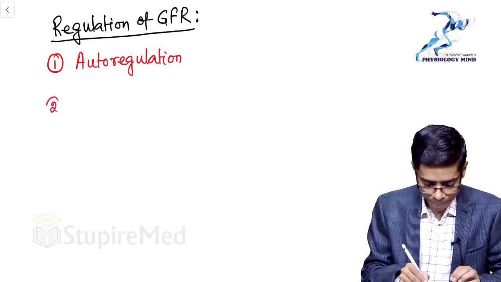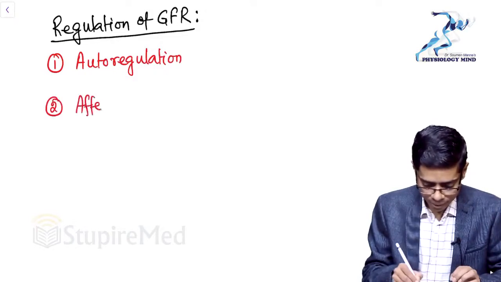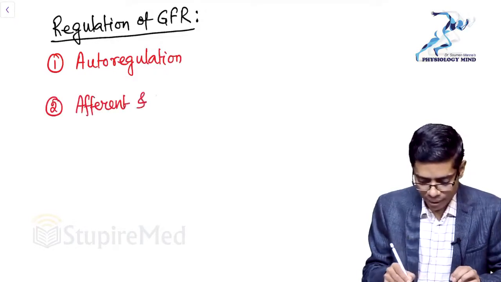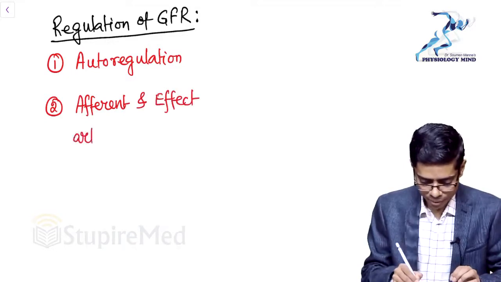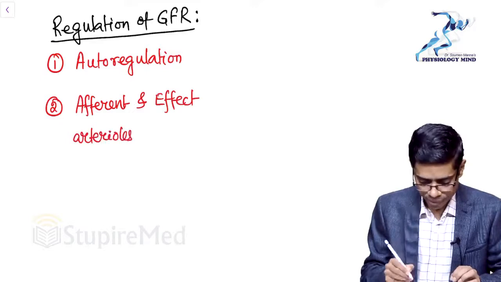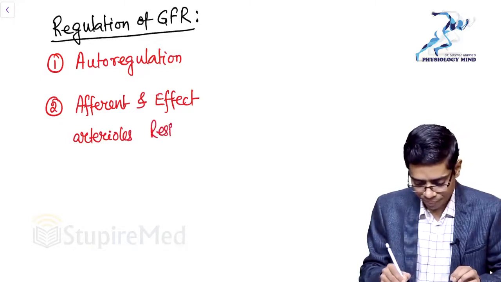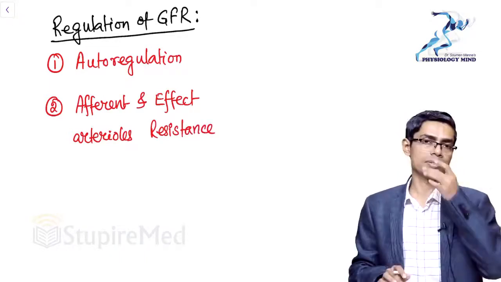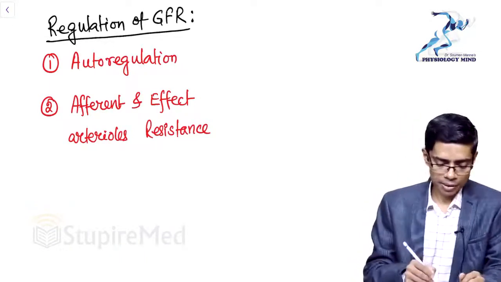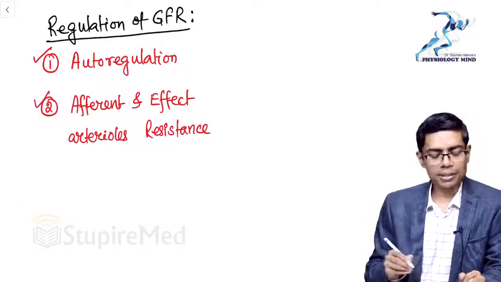And number two, afferent and efferent arteriolar resistance. Okay, afferent and efferent arteriolar resistance. Now first we will discuss this autoregulation and then we will come here.